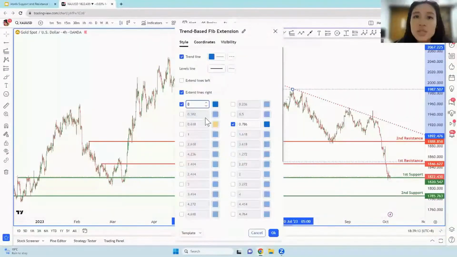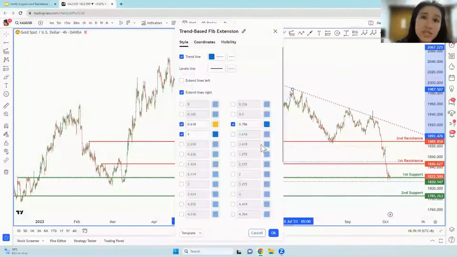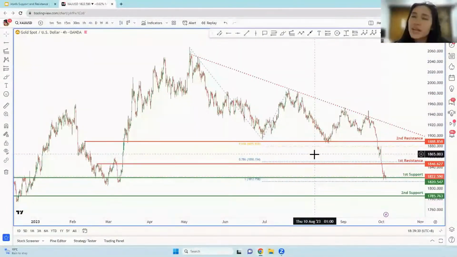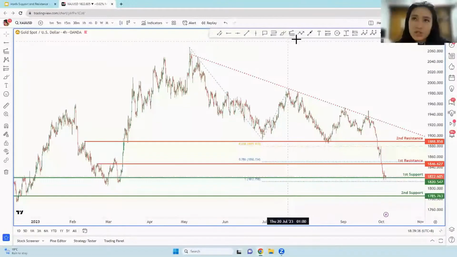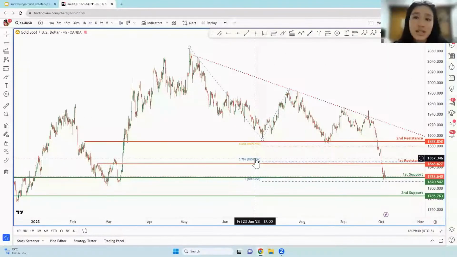Okay, so here I'm using a Fibonacci projection. For Fibonacci projection, we use these three levels, and we use the tool Fib extension. That's on TradingView. If you're looking at MT4, I think it's also this symbol, but I don't think it's called an extension, but it basically has 3 points for you to analyze.